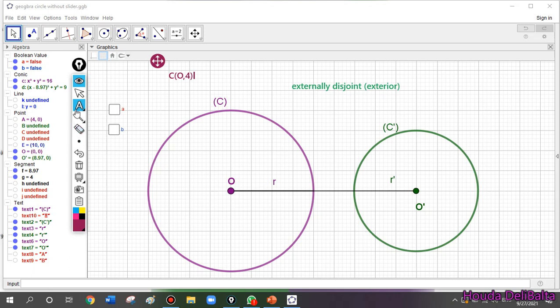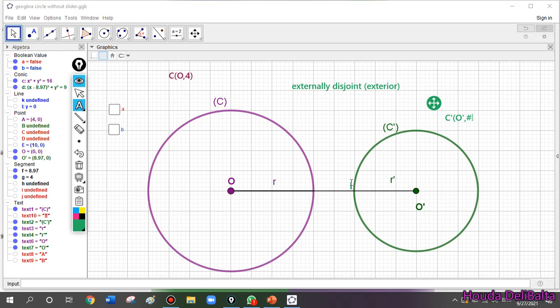The green circle is represented as C prime, open parentheses, its center is O prime, and the radius R prime measures 1, 2, 3.